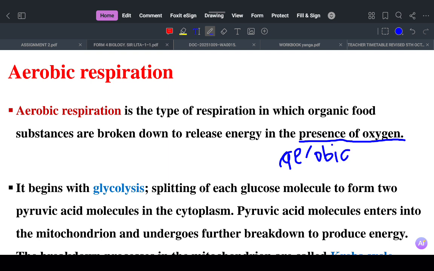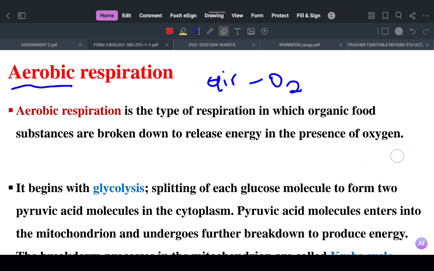Aerobic simply means taking place in the presence of oxygen. Aerobic is coming from the word air. But here the component of air we are interested in is the oxygen. So the process requires oxygen, therefore it is called aerobic.